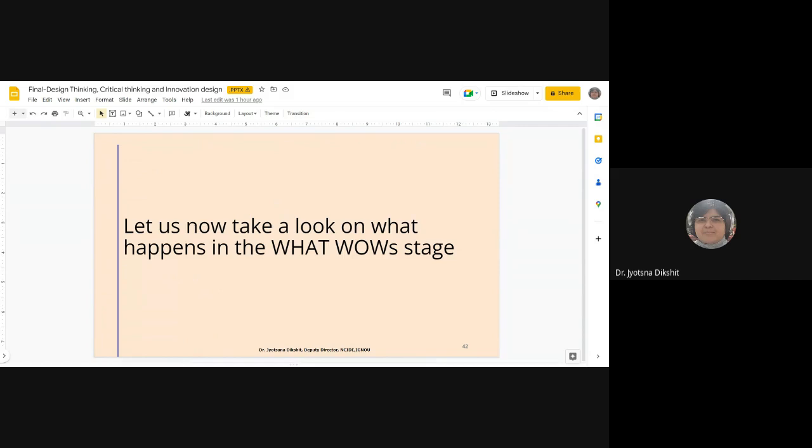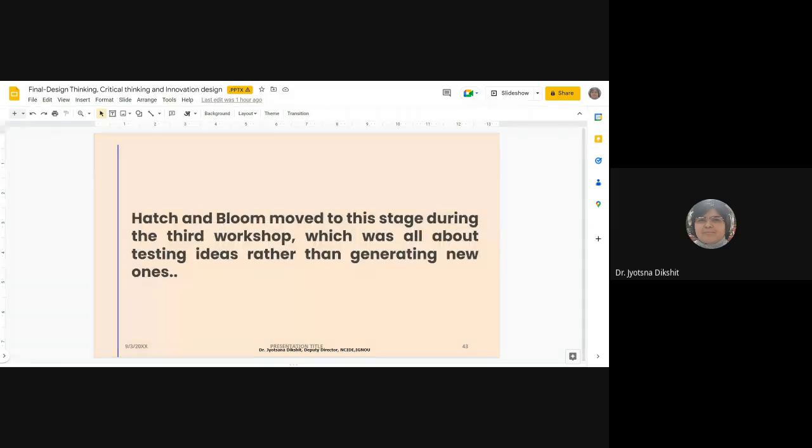So from this what if, they moved to the what wow stage. And during the third workshop, it was all about testing the ideas which came up from the previous workshops rather than generating new ideas. For example, they experimented with 3 different variants of the menu.